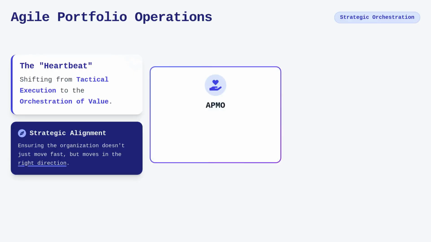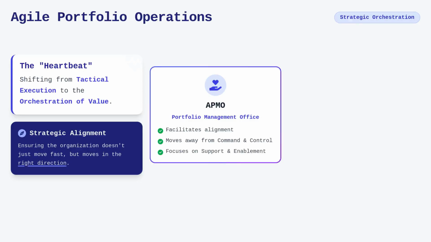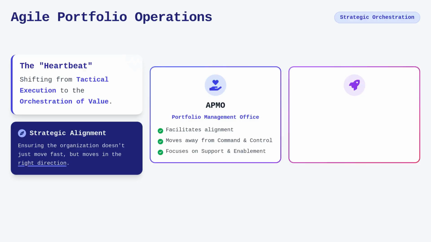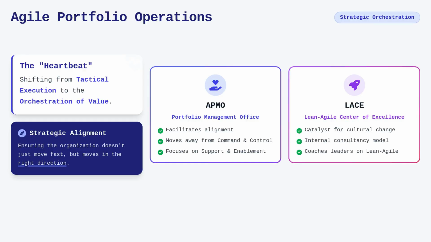The Agile Portfolio Management Office, or APMO, acts as the facilitator for this alignment, moving away from command and control structures toward a model of support and enablement. Simultaneously, the Lean Agile Center of Excellence, or LACE, serves as a catalyst for cultural change, acting as an internal consultancy that coaches leaders and teams on the practical application of Lean Agile principles.